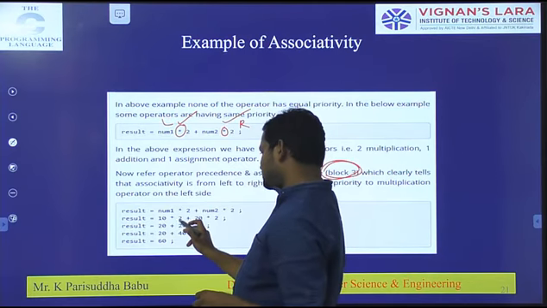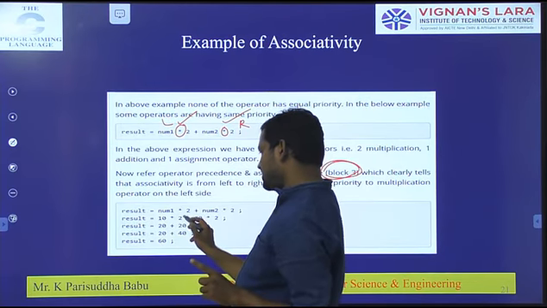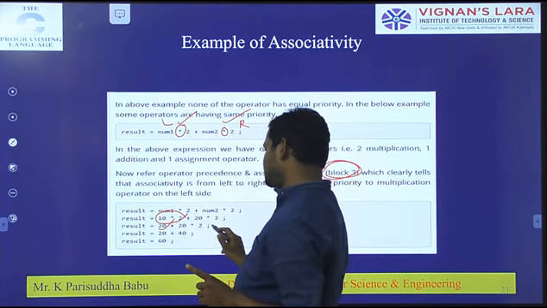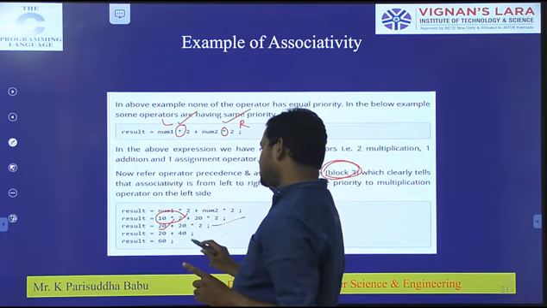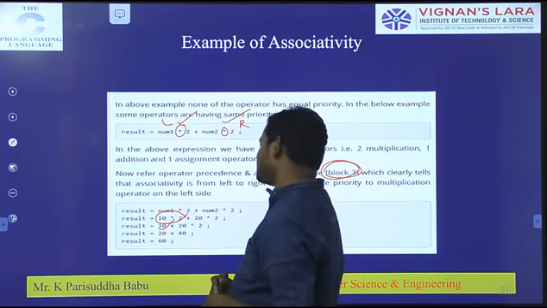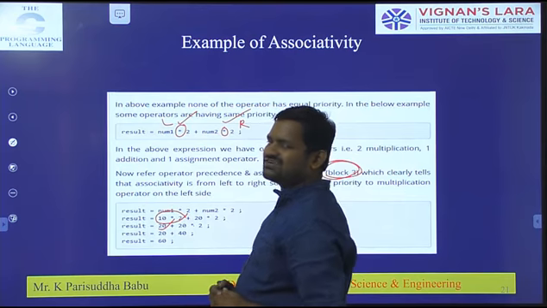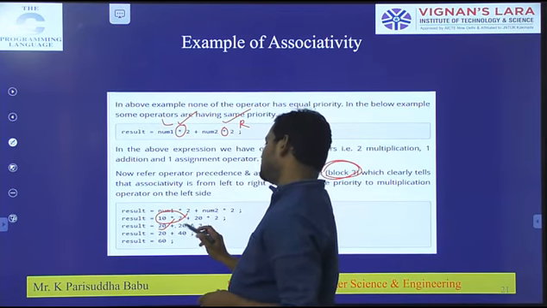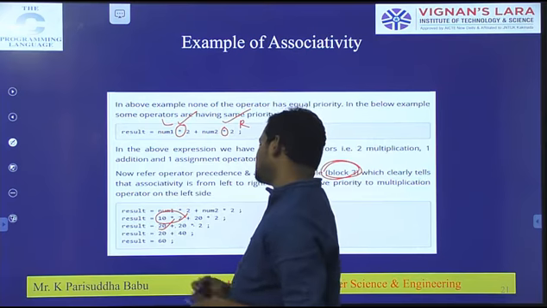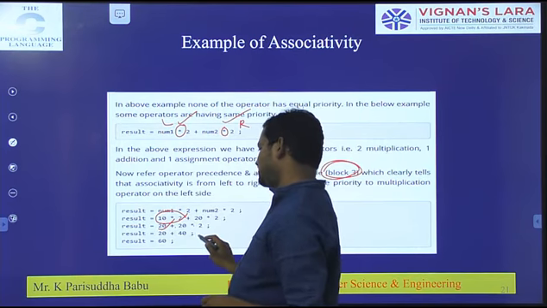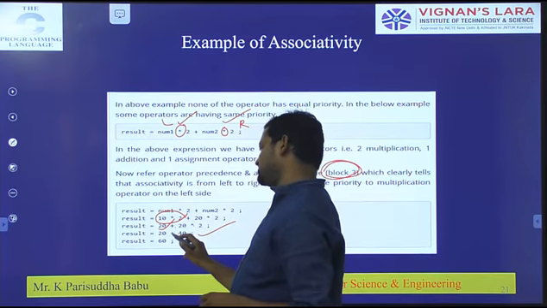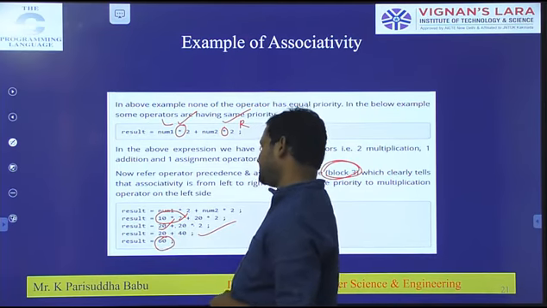So first 10 into 2 is evaluated, giving 20, plus this 20 into 2. Now, do plus and into have the same priority or different priority? Plus and into have different priorities. Now we evaluate 20 into 2, which is 40. Plus has the least priority, so 20 plus 40 is equal to 60.